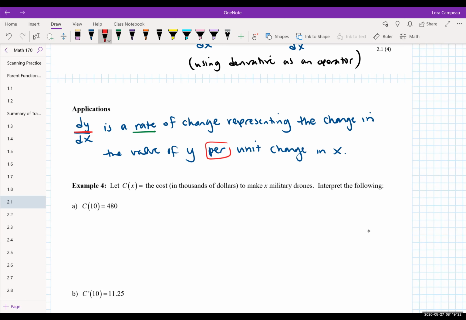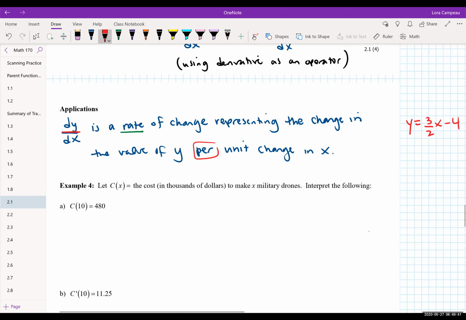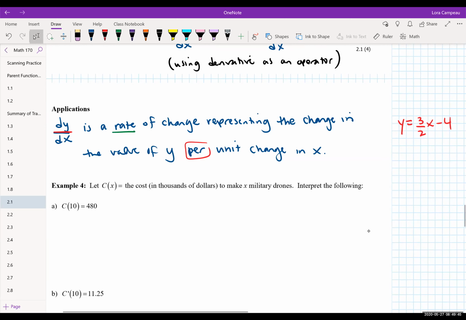Now, this is nothing different than what you've been dealing with in slope. For example, if you had this notation, y equals 3/2 x minus 4, when you talk about the change in y over change in x, they're saying for every 3 units in y, we have changed 2 units in x. If we change this to unit notation, what do we have, 1.5?